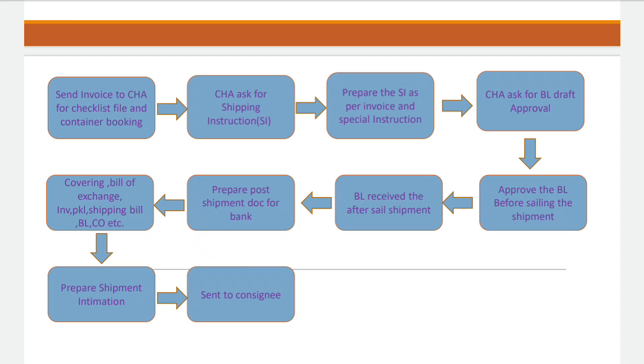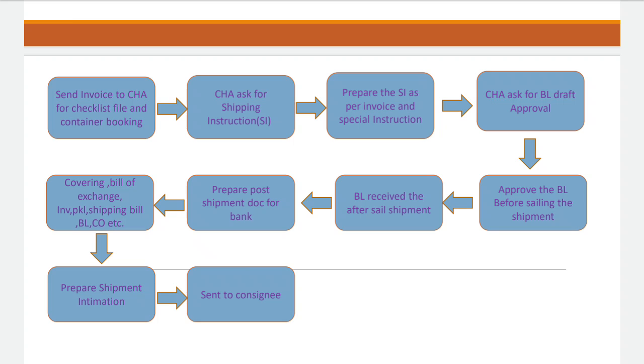So we are sitting in the head office, but the activities are handled towards the plants from the head office. It may be that we contact the CHA which is nearest to the plant, where the facility is available near the plant.